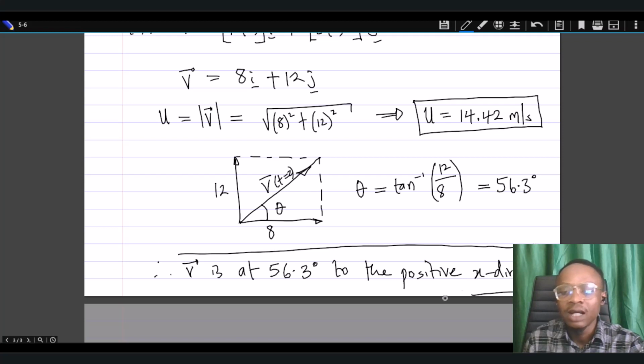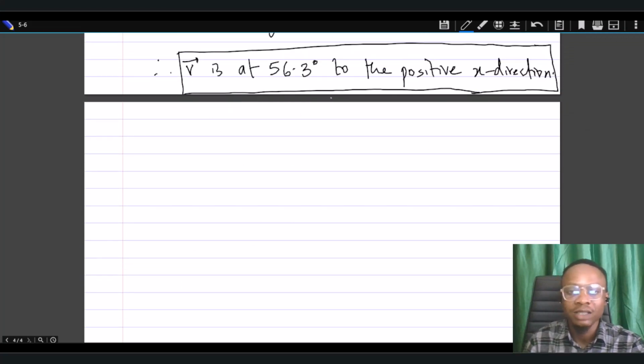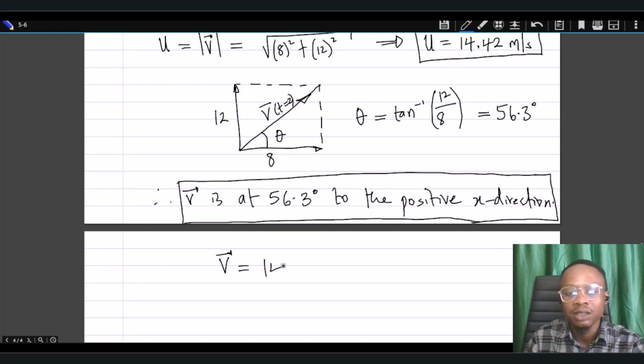And if the question asked us to just get the velocity, for instance, as we said before, we could write it in this form where we write out the magnitude and also specify the direction. That is, the velocity is equal to 14.42 meters per second, and the direction is at 56.3 degrees to some horizontal reference.